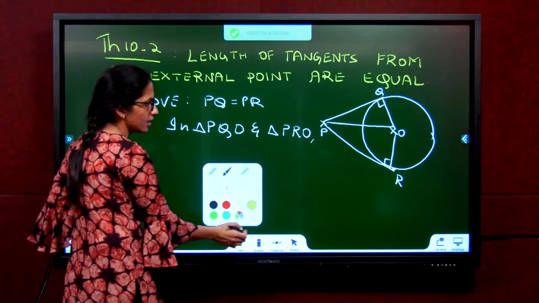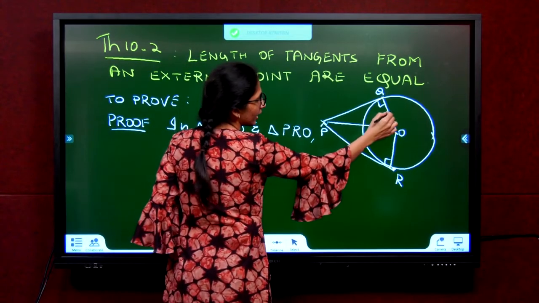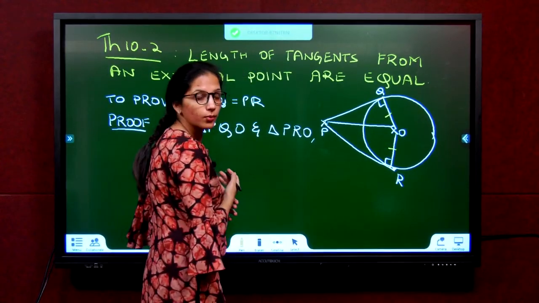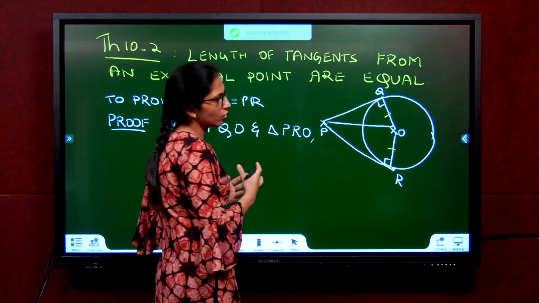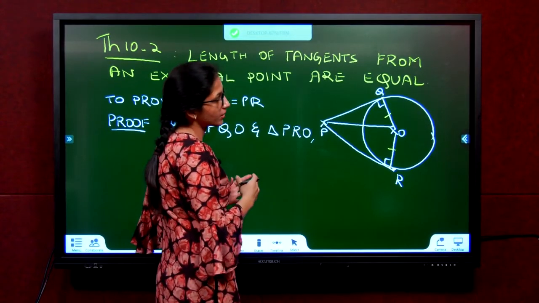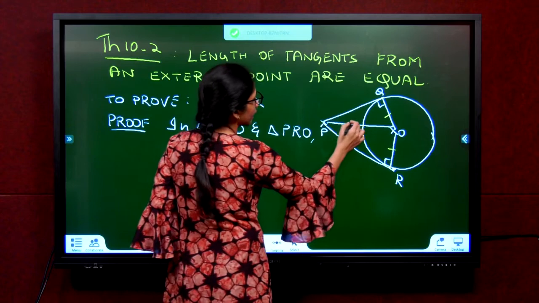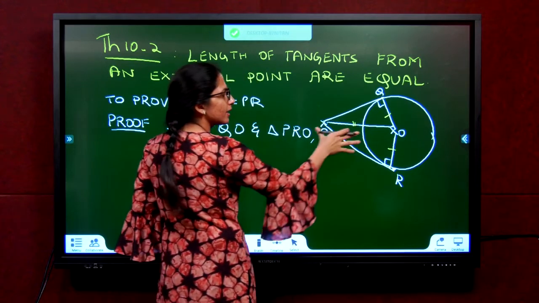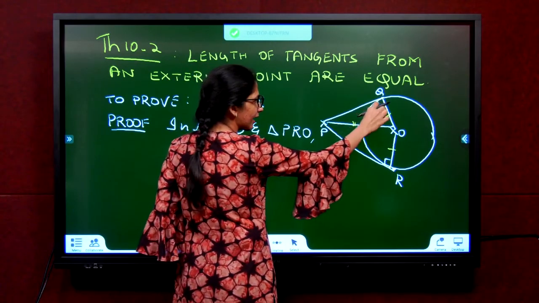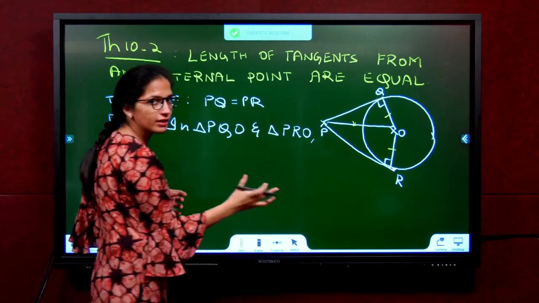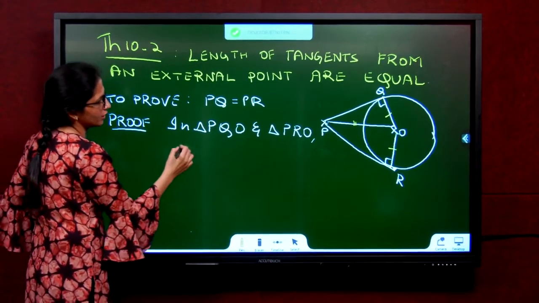We have 90-90. We have OQ equals OR. Why? Because of radius. And we have OP equals OP common. This is the hypotenuse, right angle and side. So which congruency? RHS.